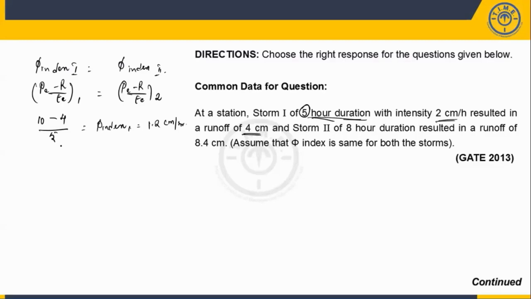Okay. Next, talking about storm 2. Storm 2 of 8-hour duration resulted in a runoff of 8.4 centimeter. That is (P minus R) over T for the second storm. Phi index is the same, 1.2 centimeter per hour. So P we don't know, P for the 8-hour storm.